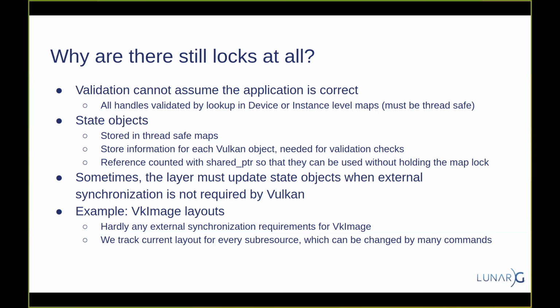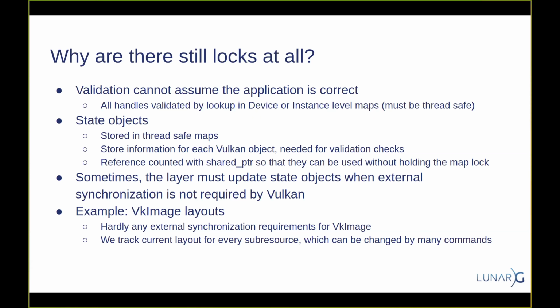An application could give us a garbage handle that was never initialized, or something that's already been destroyed. And the purpose of validation is to make it possible for applications and drivers to not have checks for that kind of thing. But I mean, it has to happen somewhere, so it happens with us.